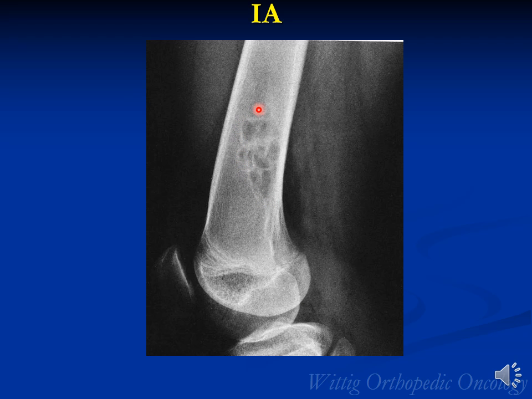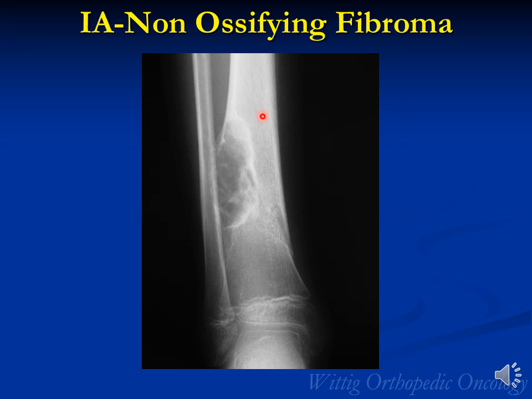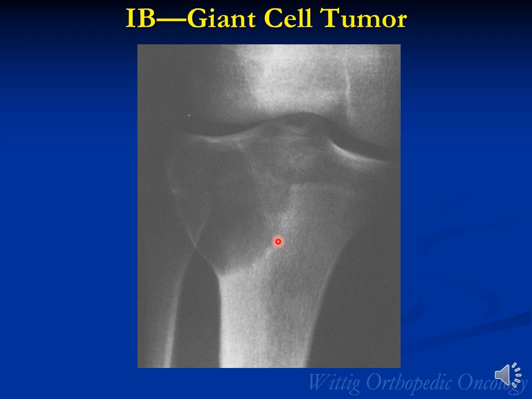A 1A margin surrounds a complete lesion, thick and sclerotic, as in a non-ossifying fibroma. Here is a 1B margin with a giant cell tumor, very subtle sclerosis around the lesion.